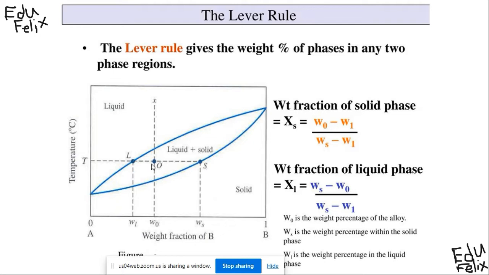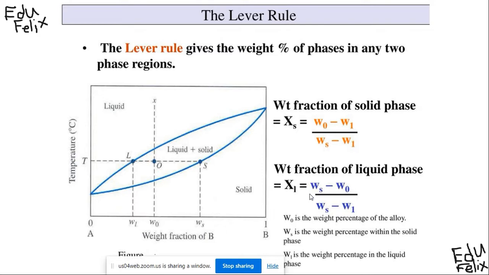Then W naught, you know this one, right? The fraction W naught minus WL, this amount, you can divide that by WS minus WL, right? So that also equals W1, right? WS and WL, solid and liquid. WS here, this one and this one, right?